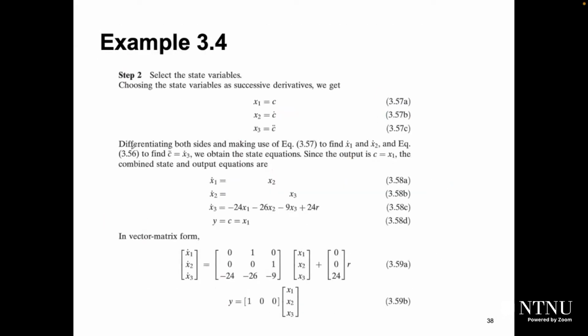This is the solution in detail. Choose the state variables as successive derivatives. I like to do it this way: x1 equals c; differentiate, so x1 dot equals c dot, which I call x2; differentiate, so x2 dot equals c double dot, which I call x3; differentiate x3, so x3 dot is c triple dot.